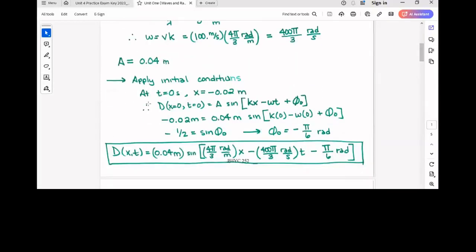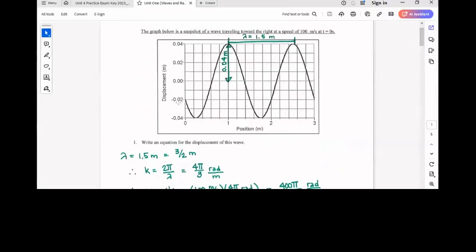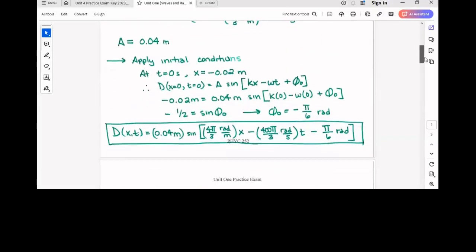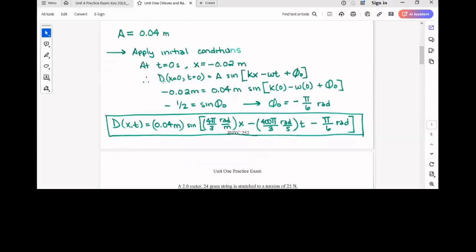So on this graph, at t is equal to 0 seconds, x is equal to negative 0.02 meters. And this is a reference to the displacement axis right here. So the displacement when x is equal to 0 and t is equal to 0 is that negative 0.02 meters.